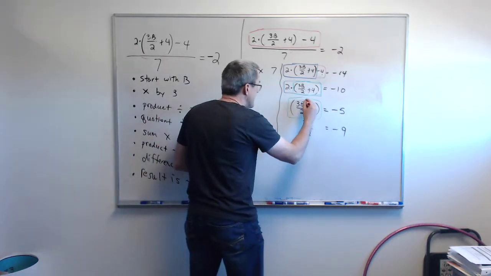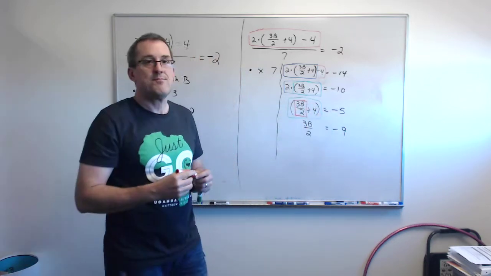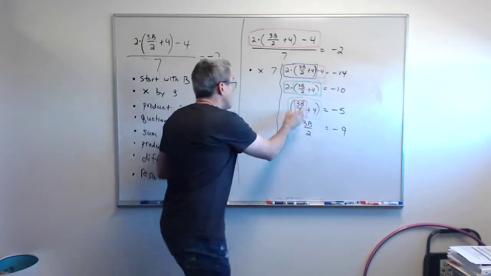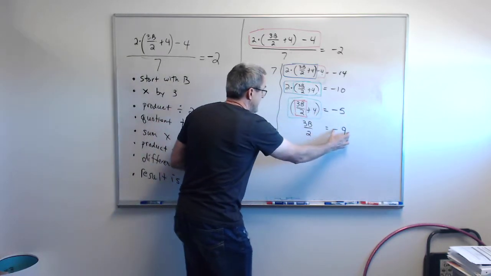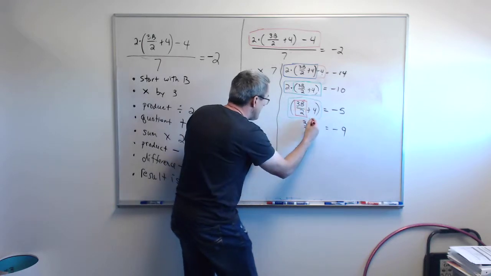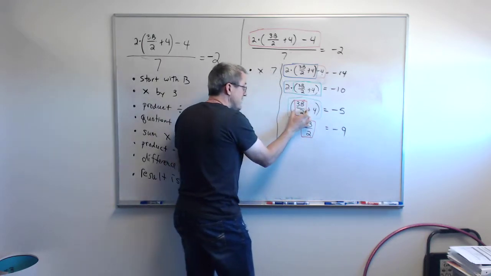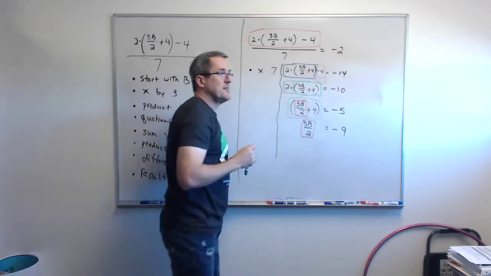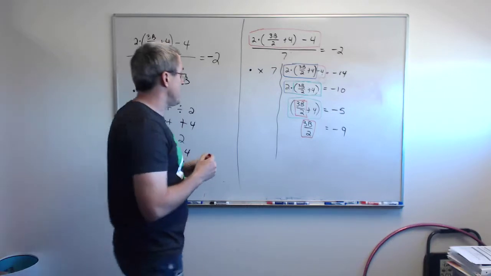There's some stuff here that when you add 4, you get negative 5. To what quantity would you add 4 and get negative 5? I'm saying it's negative 9. This stuff in red must be negative 9, because negative 9 plus 4 is going to give you negative 5. Check your calculator on that if you need to.